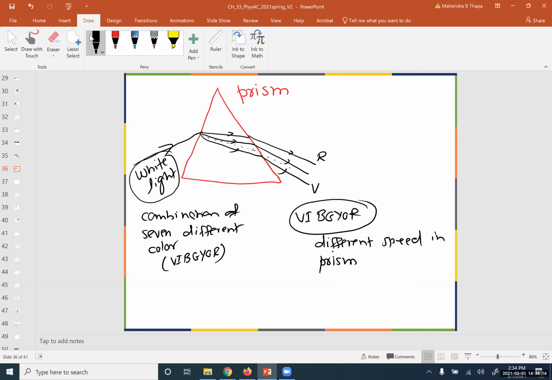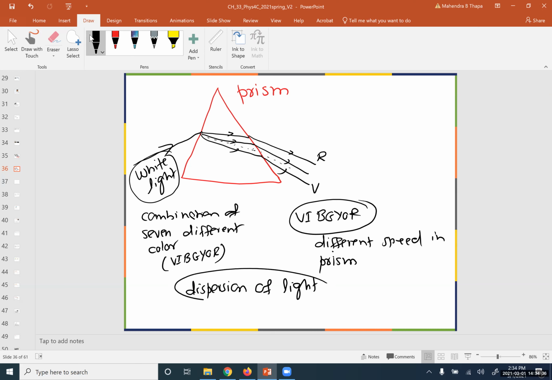So it breaks up into different colors. This phenomenon of breaking up light into 7 different colors is called the dispersion of light.